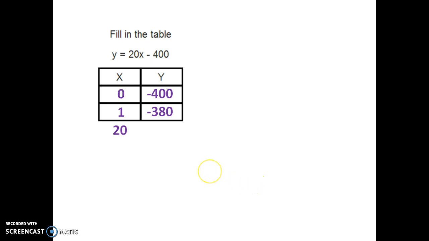If we input 20, y equals 20 times 20 minus 400. Well, 20 times 20 is 400, so 400 minus 400 is 0. So if we input 20, our output is 0.